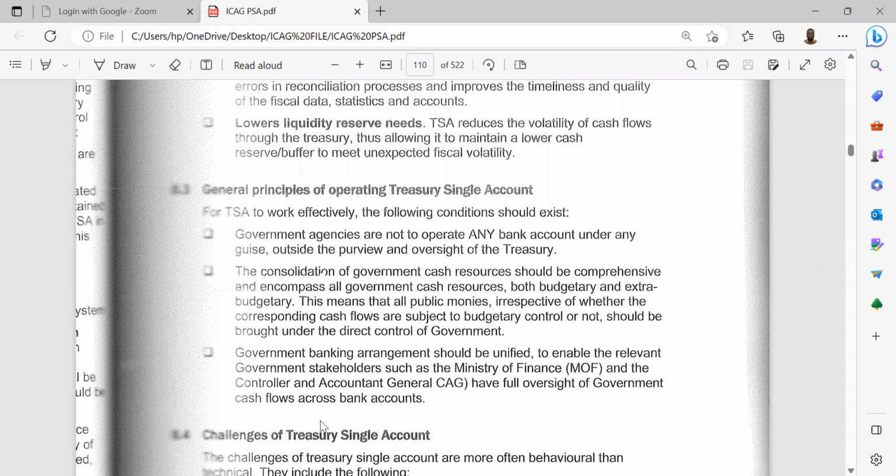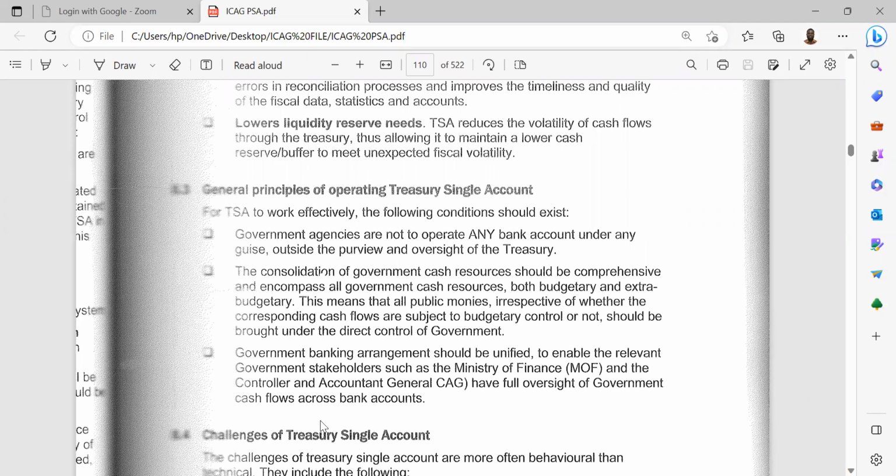Tell me one challenge. Baba, what would be one challenge of this Treasury single account? I think one challenge is compliance by most covered entities. Because if they bank the money into the consolidated fund, getting the appropriate retention component of the money transferred is very difficult. And at times they get it at the 11th hour when the need for it is almost over.